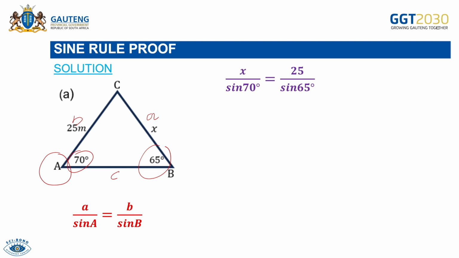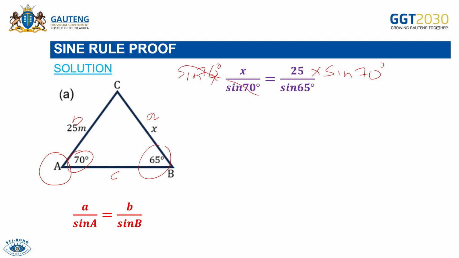Yes, you can think of cross multiplication there. It's going to work. But the whole idea is to make x the subject of the formula. Whichever approach you use, make x the subject of the formula. So, in this case, I'm going to multiply both sides by sine of 70 degrees, so that these divide and go.